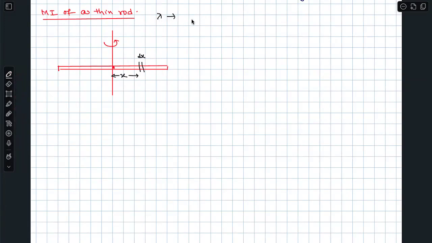I will define a term called lambda, which is called mass per unit length. Right. The moment of inertia of this small element is nothing but lambda dx times x square.